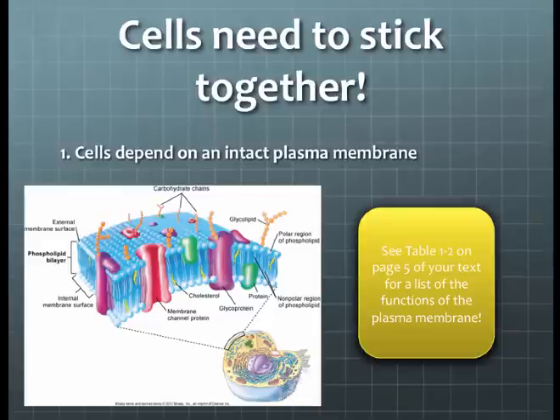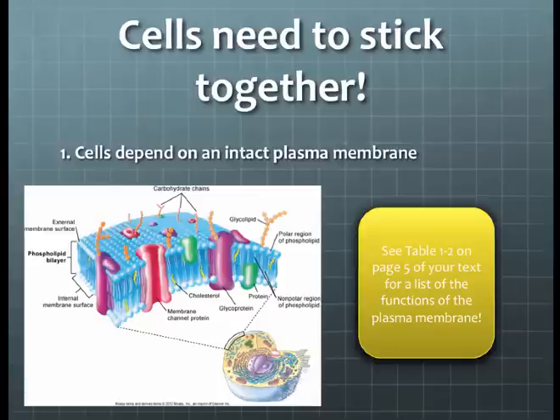The plasma membrane actually has lots of different functions. You can see that I've put see table 1-2 on page 5 of your text for a list of the functions of the plasma membrane. Remember that when I put something in bold like that, I want you to go to that table and make some notes for yourself that this is an important table, and these are some things that you should remember.